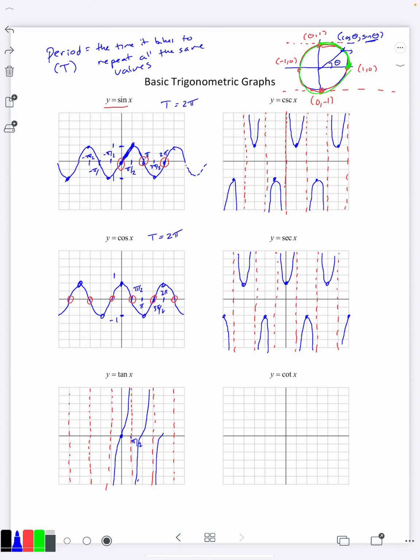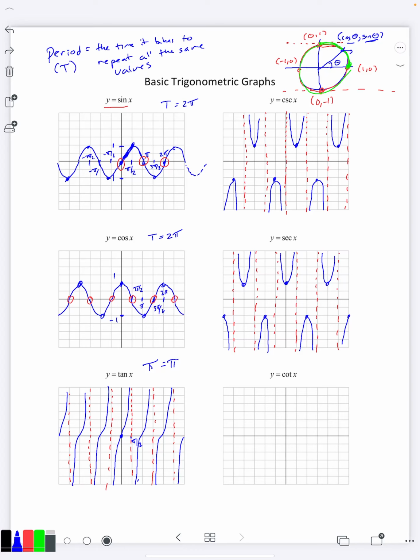It's just the same shape here over and over again. Kind of looks like y equals x cubed, but it's not the same. And one thing important to note here is that the actual period, since it repeats the same up shape twice as fast as the other ones, the period is actually just pi instead of 2 pi.